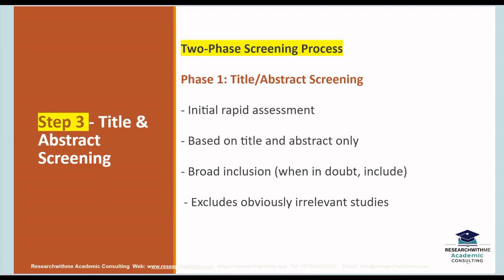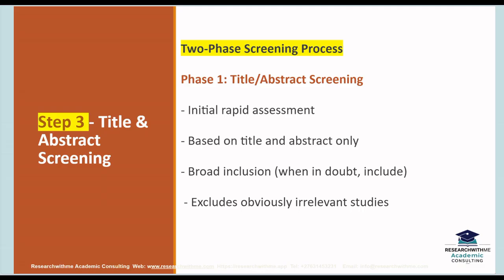Assuming you combine 2 or 3 databases where you crawl your information from, where you do your identification, you are likely to have a large number of articles, because the keywords you use may crawl as many articles as possible. Now, when this happens, the first thing to do is to begin to screen the articles one after the other.